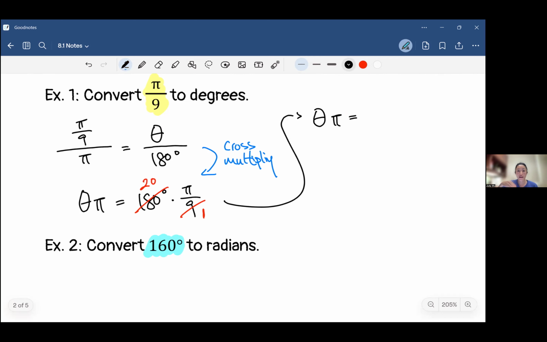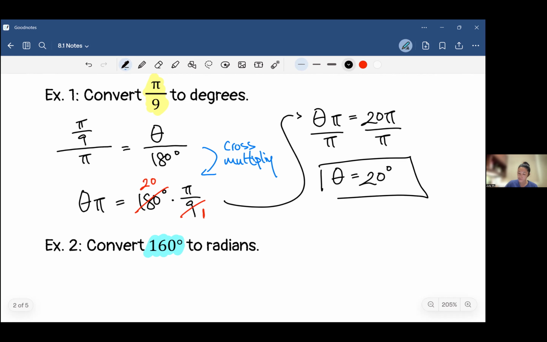So really theta pi equals 20 pi. And last step, I'm going to want to get that theta by itself. So I'm going to divide both sides by pi, and I get theta equals 20 degrees.